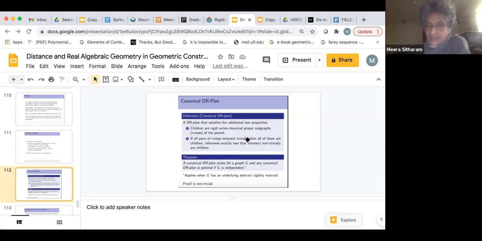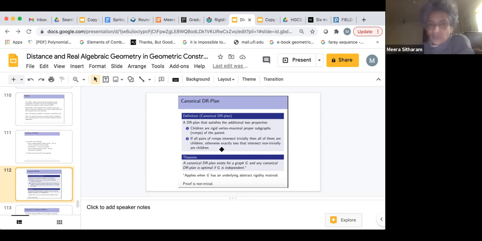So that's trivial intersection. In the case of D equals 2, the intersection would be 1 vertex, and for D equals 3, the intersection would be 2 vertices, and so forth. Otherwise, exactly 2 that intersect non-trivially are children.